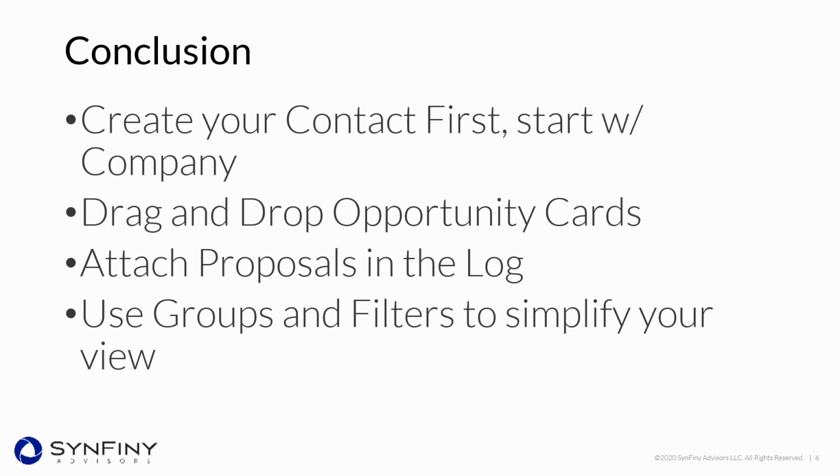You can move opportunity cards around on the Kanban board by just dragging and dropping them, or within the opportunity card, you can click on the chevron to place it in its appropriate 4P bucket. You should attach proposals in the log function or log note function within the opportunity card so that any user can get access to the proposal document. And on the main window, you can use groups and filters to simplify your view, because if you have every region and every opportunity, it's a bit chaotic.